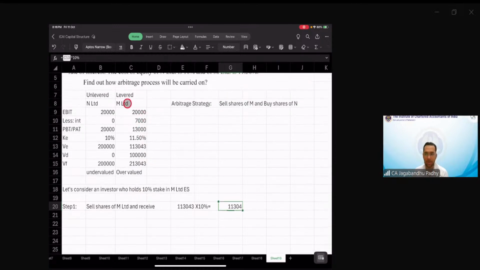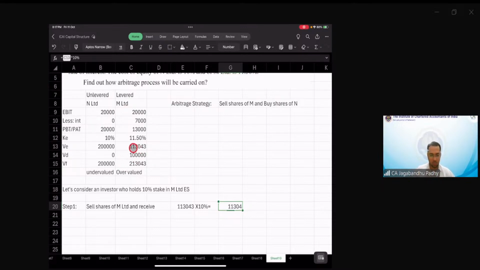But wait. When you were a shareholder in M Limited, were you facing some sort of risk? Were you in a situation where you're facing some amount of financial risk? Yes, because there was debt.